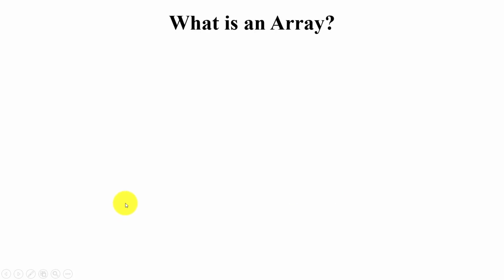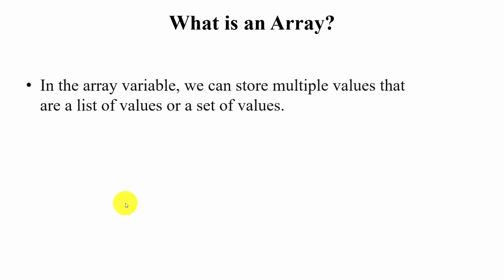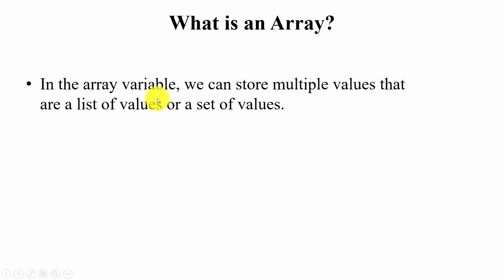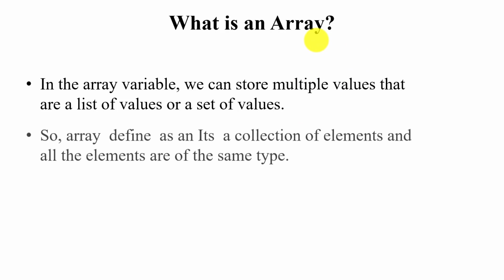So what is an array? The concept of an array is nothing but a variable, but we can store multiple values, a list or set of values, under one variable name. Instead of taking separate variables in separate memory locations, I can store multiple values in one single unit.